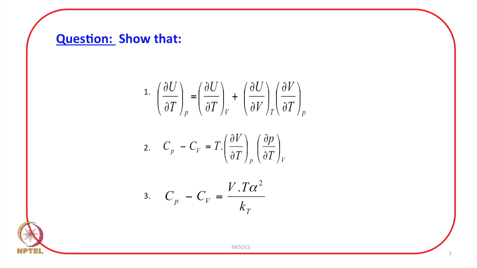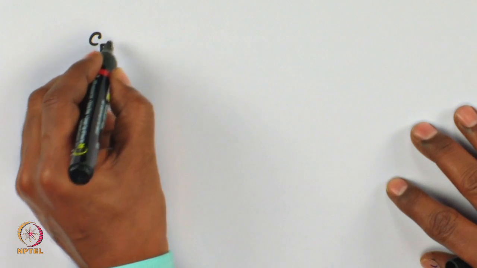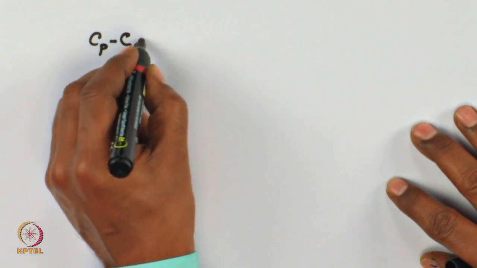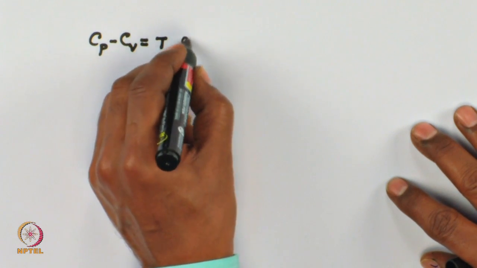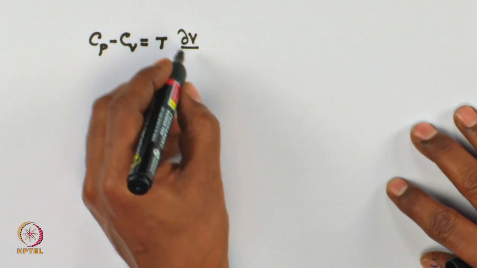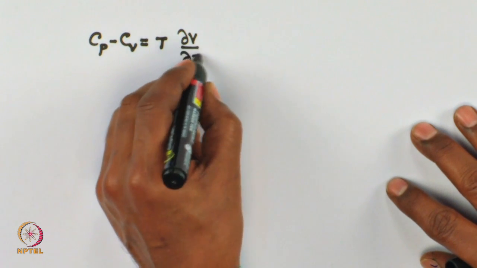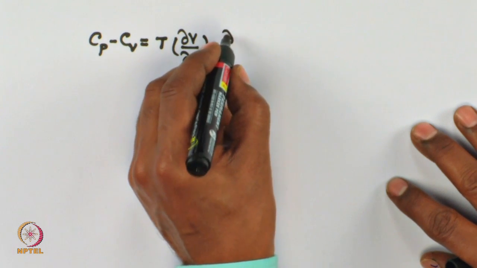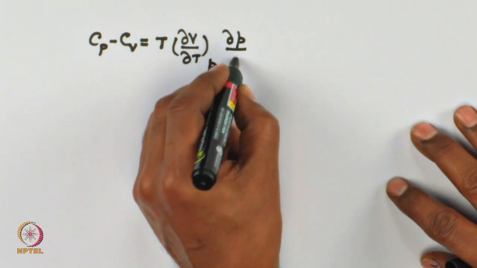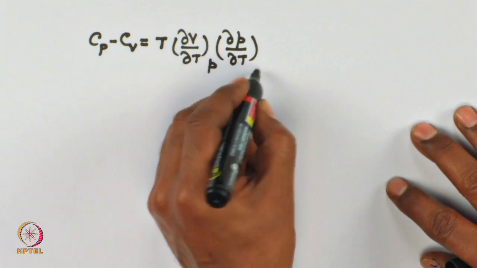The equation that we derived is Cp minus Cv equal to T into the variation of volume with temperature at constant pressure into the variation of pressure with temperature at constant volume.